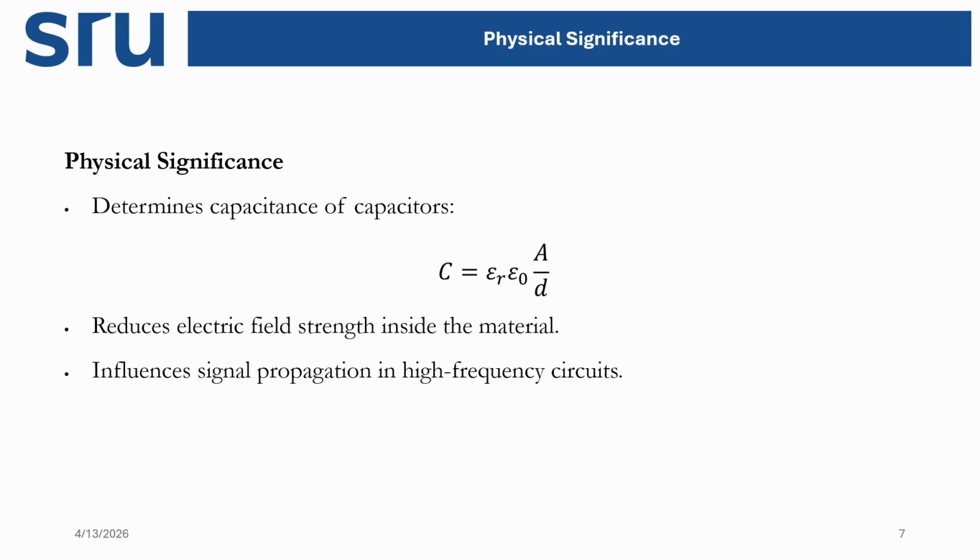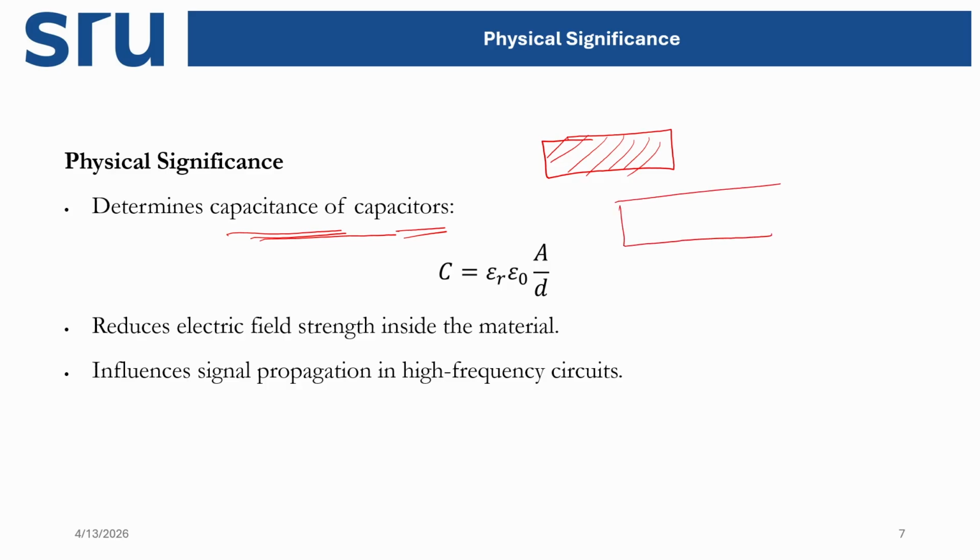Physical significance. Here we'll discuss the capacitance of a capacitor. Capacitance is the capability of a capacitor to store energy. So how is a capacitor made? There will be two electrodes, metal conductors, let's say stainless steel or copper, and another plate we are keeping.